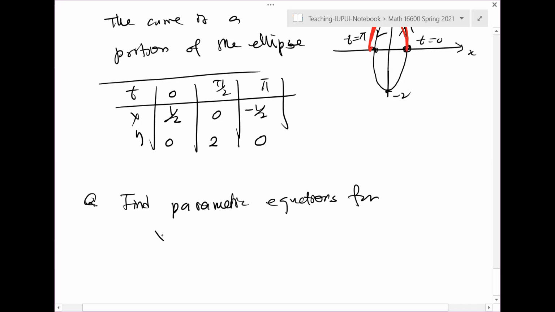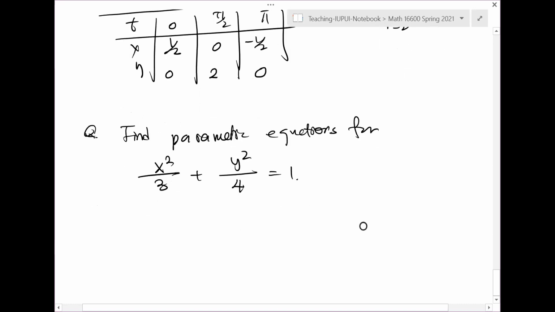X squared over 3 plus y squared over 4 equals what? Okay. And try this. Try to write down the equations for this ellipse.